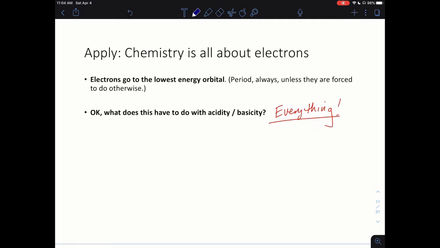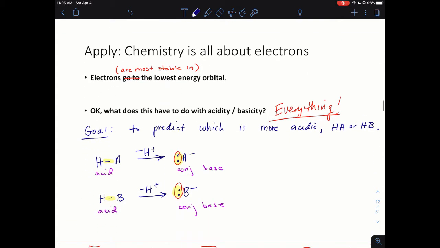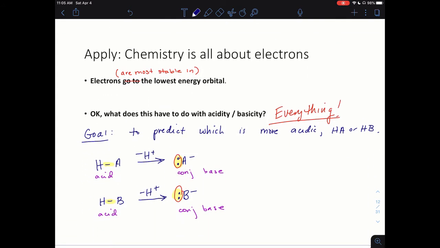Let's say that electrons are most stable in the lowest energy orbital. So we'll just reframe this statement just a little bit. And this is going to help us to achieve one of our large goals. And that goal is to predict between two acids, HA and HB, for example, which one is more acidic?